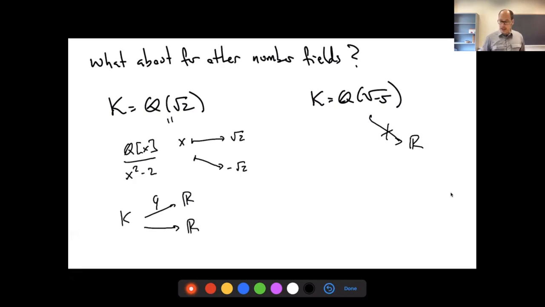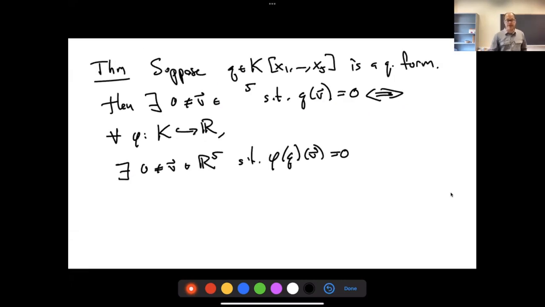All right. So in any case, the theorem, with this proviso, says that if K is a number field, and you have a quadratic form still in 5 variables, then there exists a solution in this number field if and only if for every way of embedding into the real numbers, there is a solution in the real numbers with respect to that form interpreted as a real form.